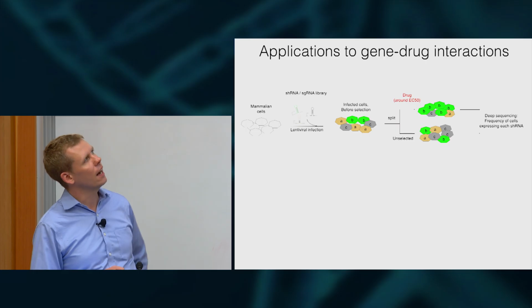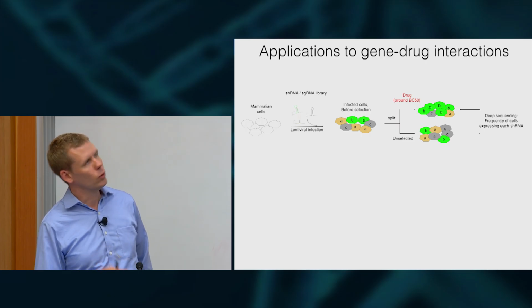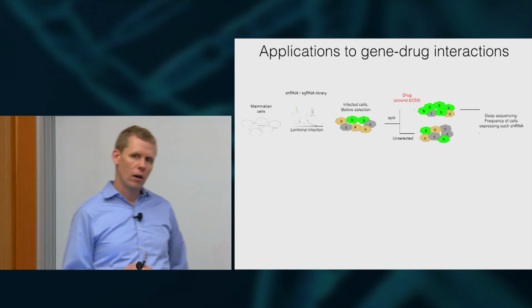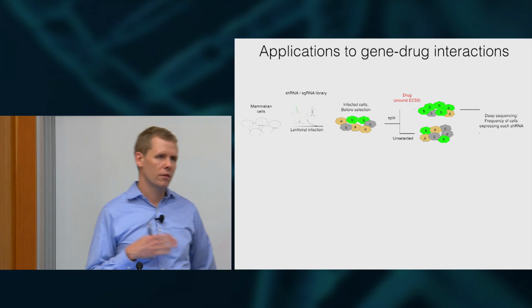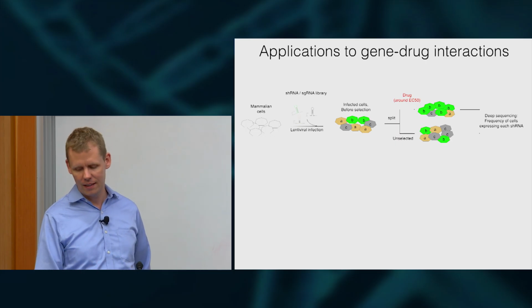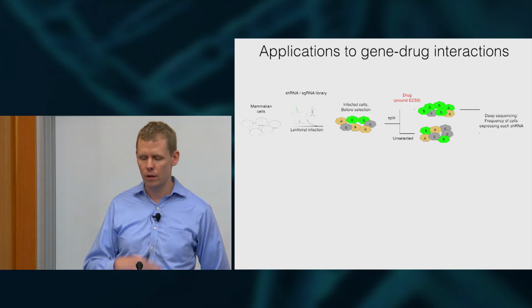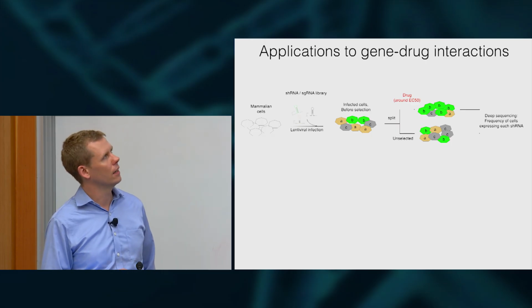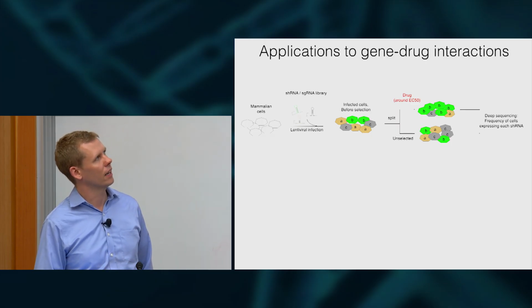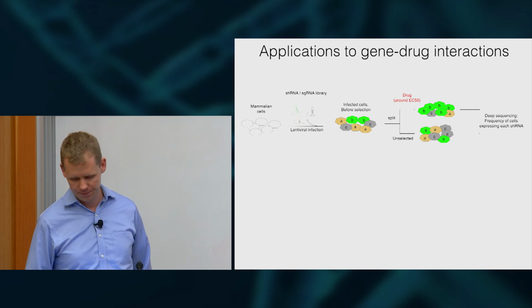And then we split it in half and grow one half by itself, and the other half we treat with a drug. Generally our strategy is to treat with the drug around the EC50 so that we kill about half the cells, but then we can let them recover and repeat that pulse several times, three or four times, in order to apply the relevant amount of selective pressure. And we'll talk much more about the quantitative aspects of this tomorrow.